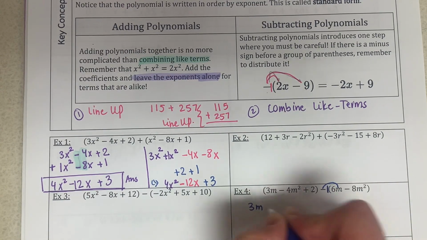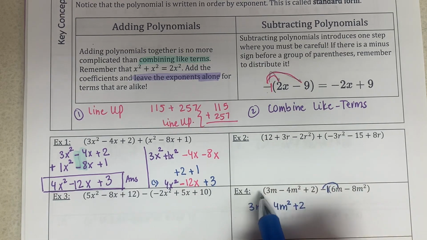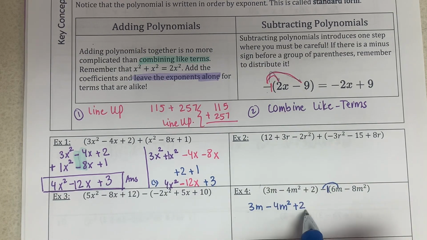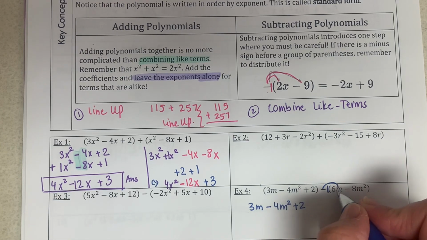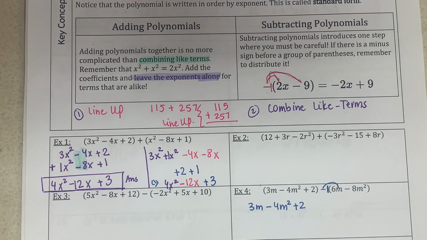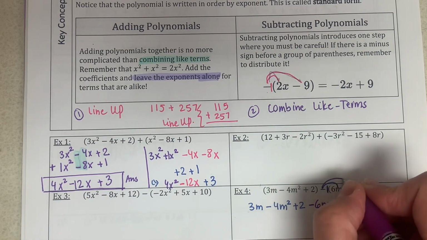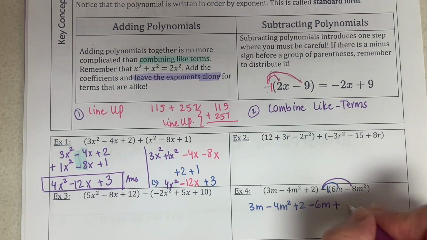So 3m minus 4m squared plus 2. Nothing was to be done over here, so I just copied it down. Now, minus multiplied by 6m is minus 6m. And then minus multiplied by minus is a positive 8m squared.